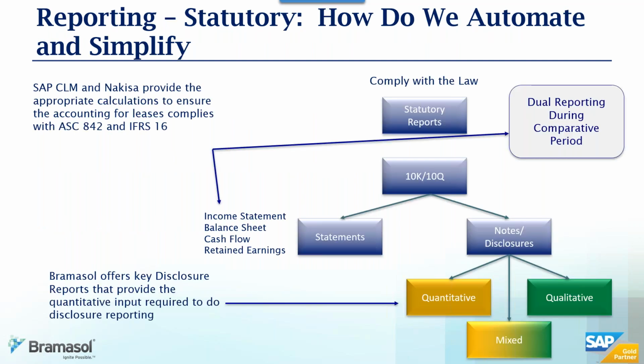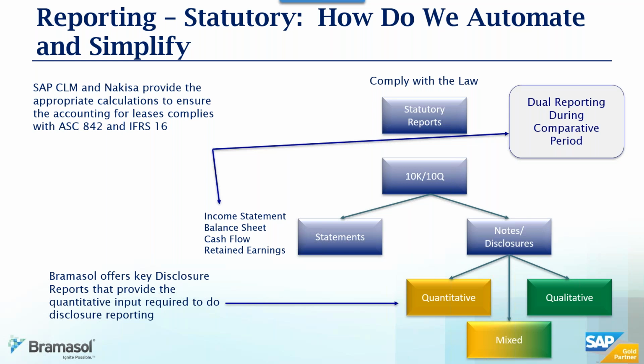Thank you. Yes. So this is a pretty neat slide in the sense that Bramasol, as we know, is focusing on two main solutions at this point. We have SAP CLM and we have the Nakisa solution, where we're doing projects on both.